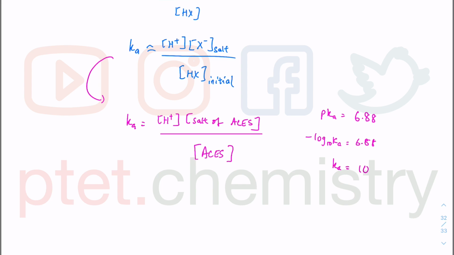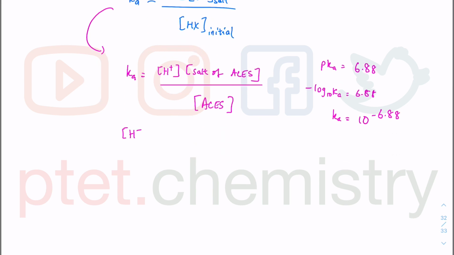Ka is 10 to the power minus 6.88. What is H plus then? H plus is Ka times excess over the salt of excess like this.